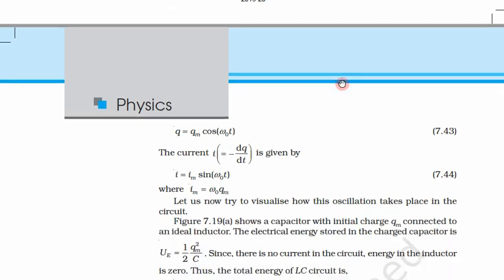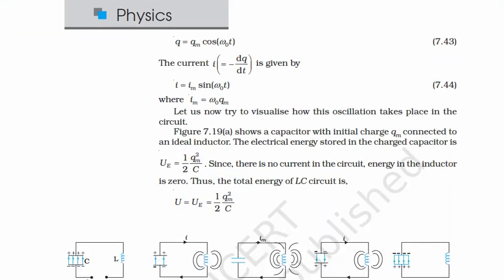Therefore, in the present case, phi was 0 initially. So now we know the phase angle. Let us put phi equal to 0 in this equation. What we get? Q is equal to Qm cos omega 0 t. So this is our equation, because we have got phi equal to 0.